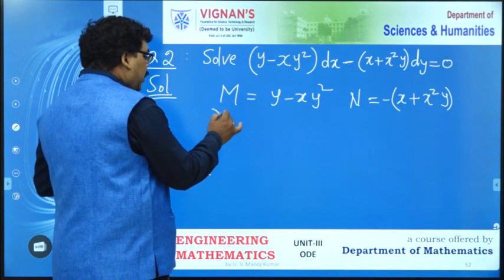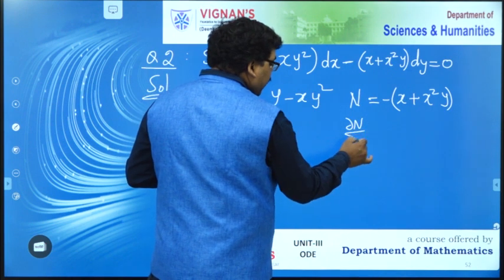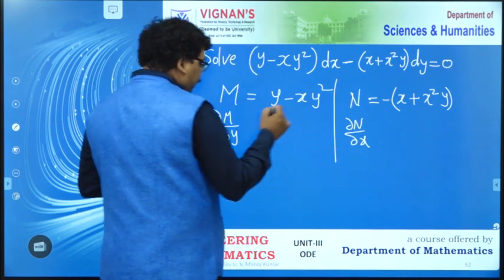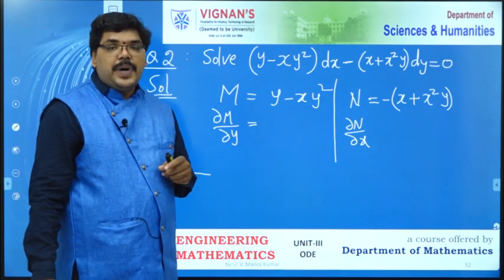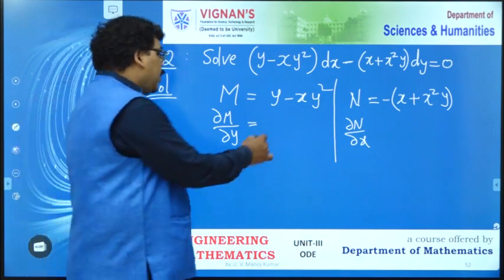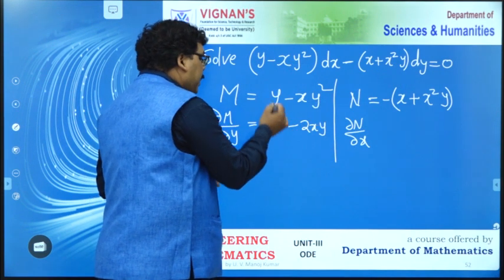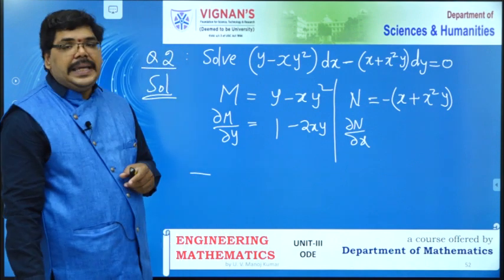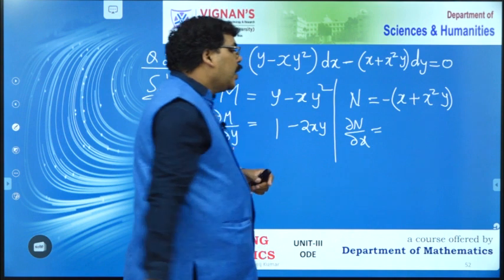So what we want to check? Dou M by dou y, dou N by dou x. Are they equal? We want to check this. So let us calculate. When I am differentiating with respect to y, x is constant, y square derivative is 2y. Derivative of y with respect to y is 1. Come to dou N by dou x.